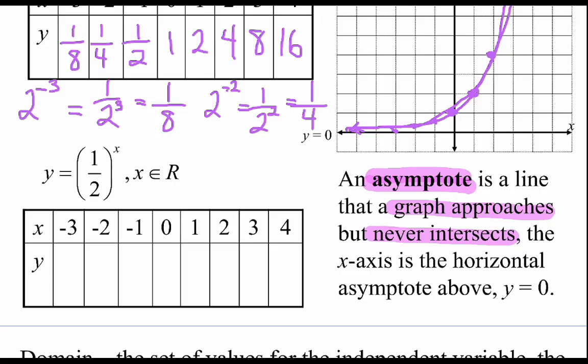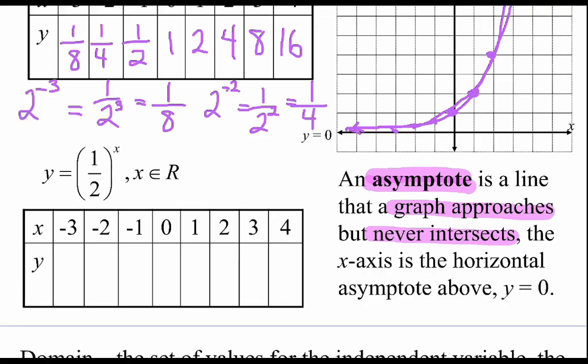Now, no matter how small our x value gets, we could have x of -100, right? 2 to the 100, that would be 2 to the power of 100 when x was 100, not x to the 100. 2 to the 100 is 1024. If we were doing 2 to the -100, that's 1 over 1024.